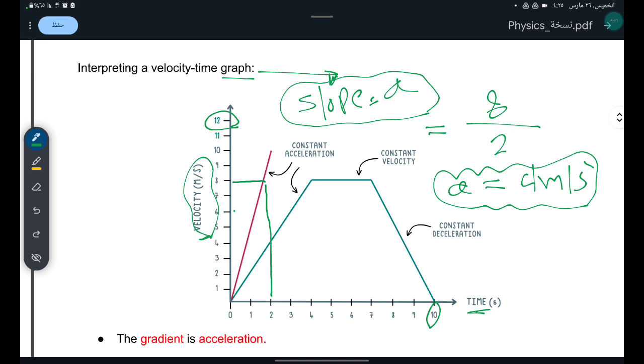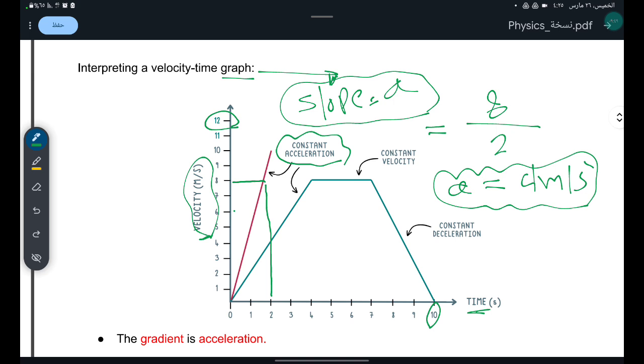x. The kind of acceleration here depends on the curve. The red line represents a constant acceleration. What is the definition of constant acceleration?